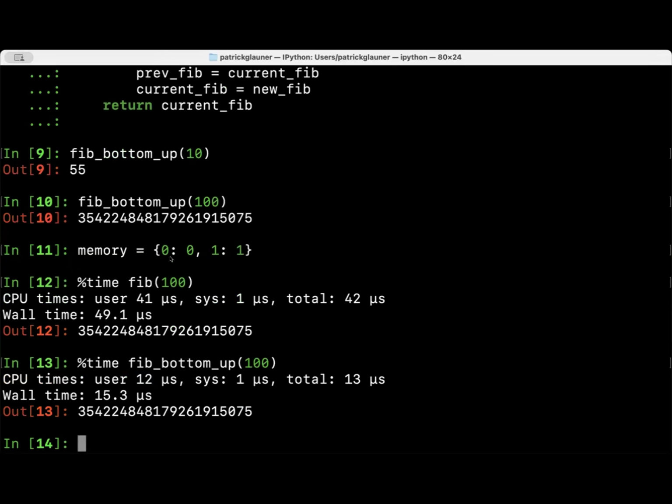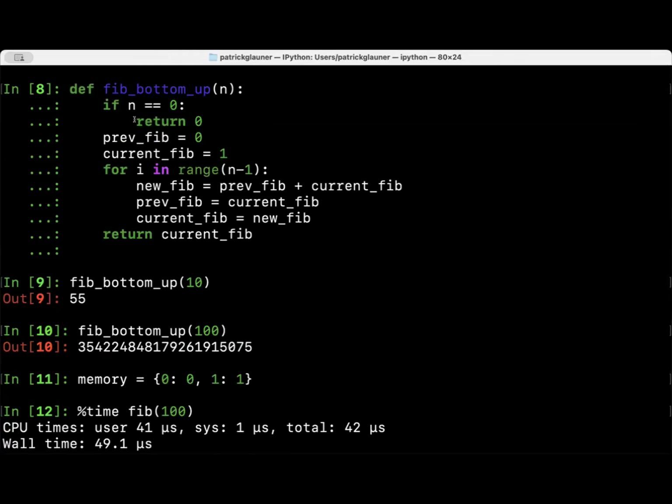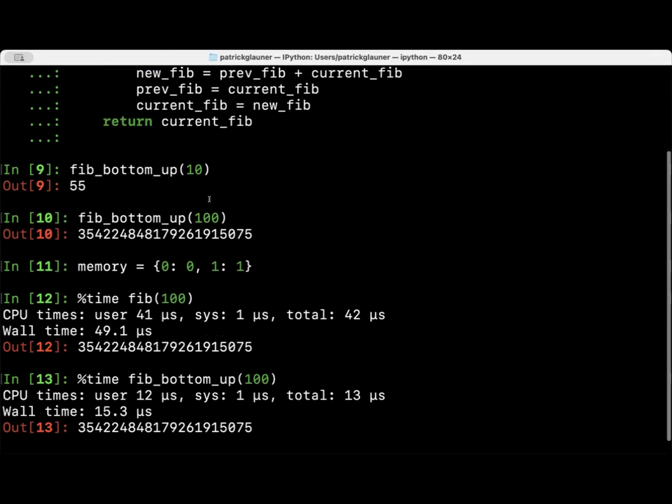The only thing is the top-down approach would always read from memory. The bottom-up approach would always recompute because it doesn't have a cache the way we have built it, but rather it starts with the smallest Fibonacci numbers possible and keeps composing them until I'm done. But running this loop is also super fast.